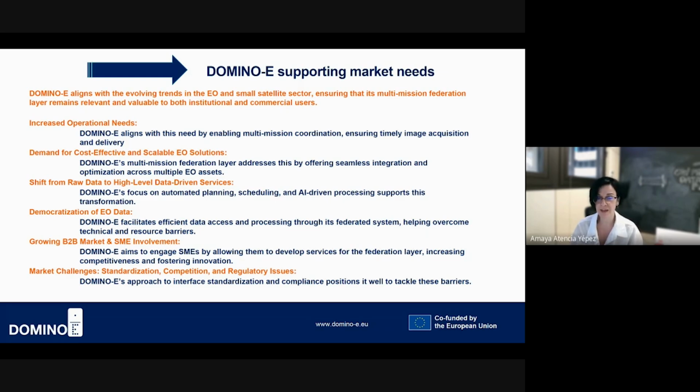Another important aspect that Domino is dealing with is to facilitate data access to different EO constellations and different systems in a federated way, in order to provide this concept that we call the democratization of data: to provide open access, but at the same time being compliant with IPRs, security regulations, and regulatory needs.